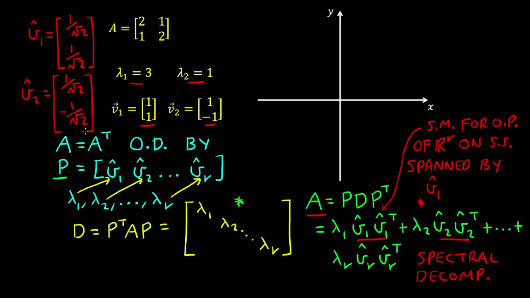And then to obtain a spectral decomposition of A, we multiply the eigenvalue lambda 1 equals 3 by v1 hat by its transpose. And if you evaluate this product, you'll get 1 half, 1 half, 1 half, and 1 half.